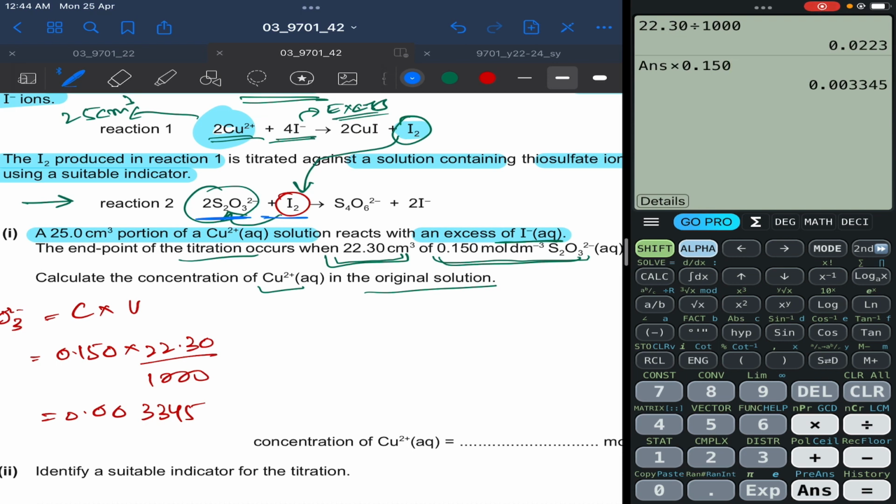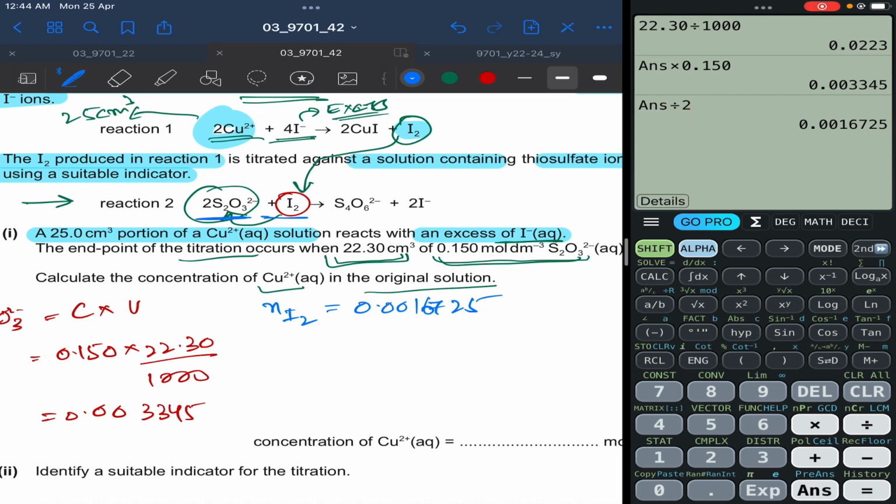So we just simply divide the moles of thiosulfate by 2. So we get 0.0016725. So moles of iodine which we get from the first reaction, because all the iodine is coming from reaction 1, is 0.0016725. So this is moles of iodine, right?